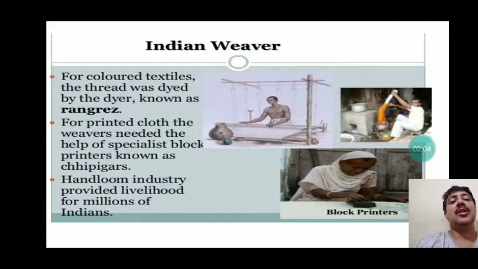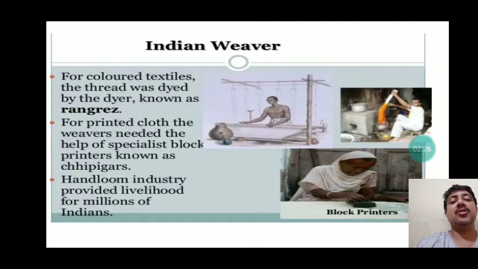Printing was also done on the white cloth with the help of printing blocks. So different personnel were involved, like rangrez, chippigars, tanti, and weavers. They were performing different types of activities there.